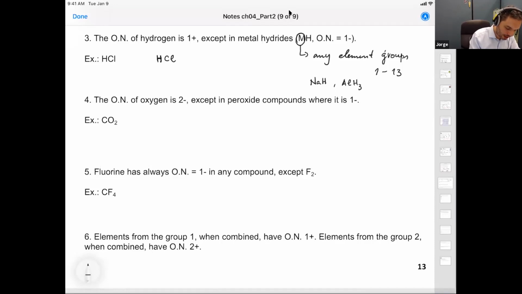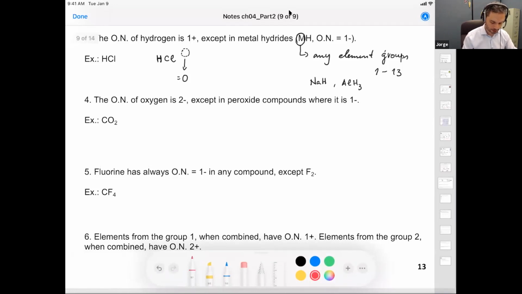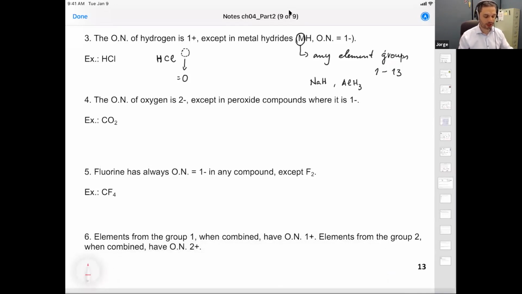Remember, every time there is no number outside of the compound, that means the sum of the oxidation numbers is 0. So if we add the oxidation number of hydrogen plus the oxidation number of chlorine, this has to be 0.